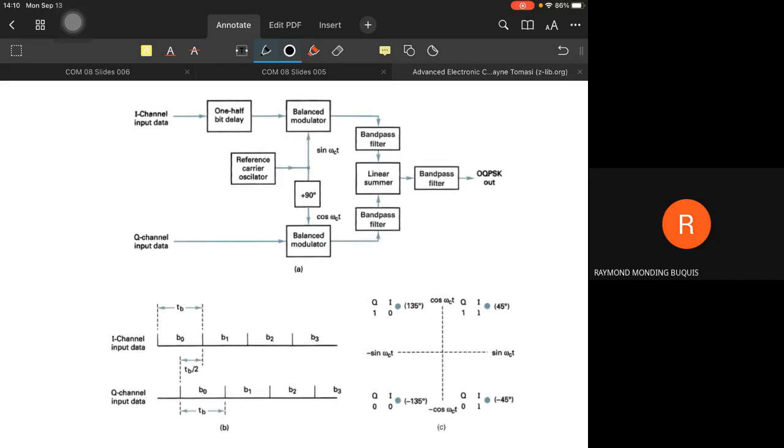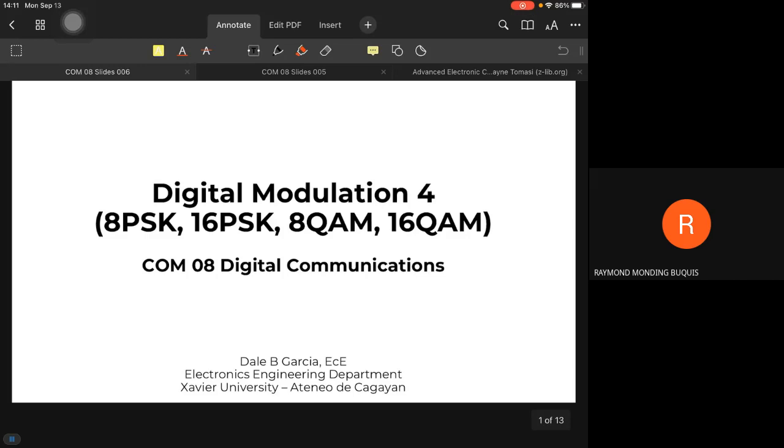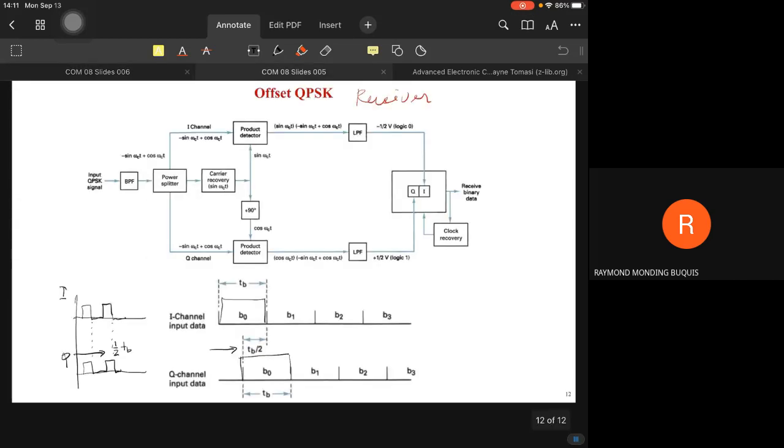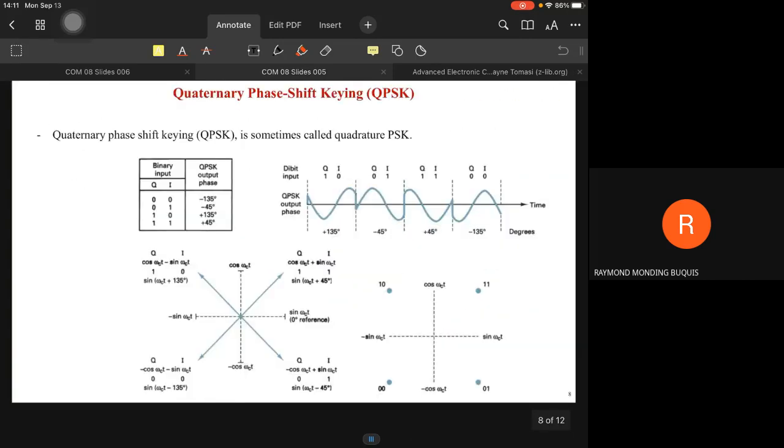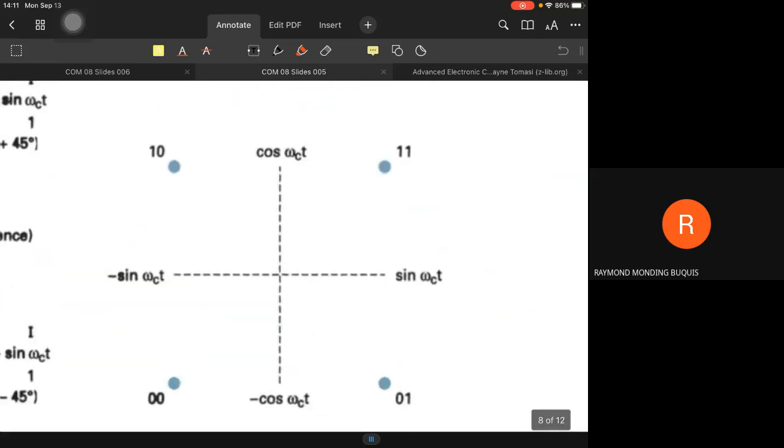Now, what's the point of delaying by 1/2? If it is not delayed by 1/2, what would happen is, like in the original constellation diagram, this is the constellation diagram of a regular QPSK.